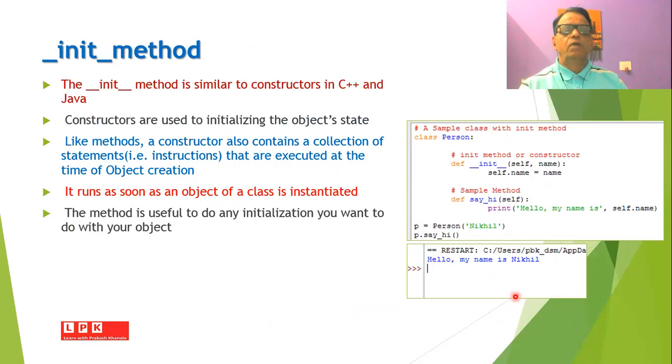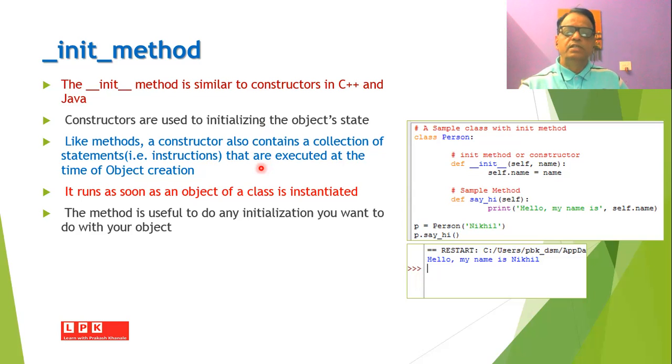There is another method called the init method, which is very familiar with classes, and we need to use it whenever we use a class in a Python program. The init method is similar to a constructor in C++ and Java. In C++ we use the constructor to assign initial values, or initialization. Constructors are used to initialize the object state. Like methods, the constructor contains a collection of statements that are executed at the time the object is created.